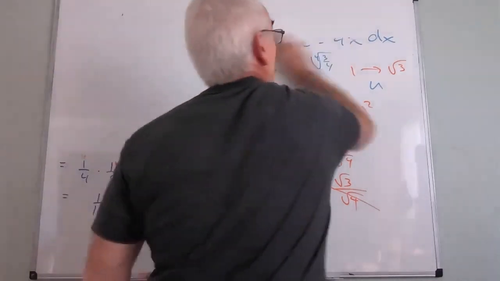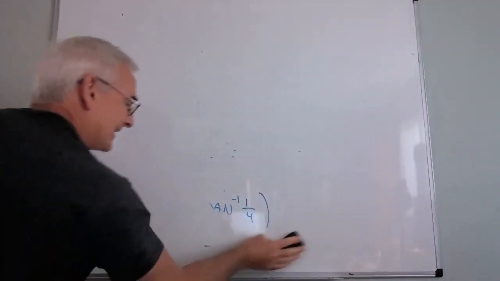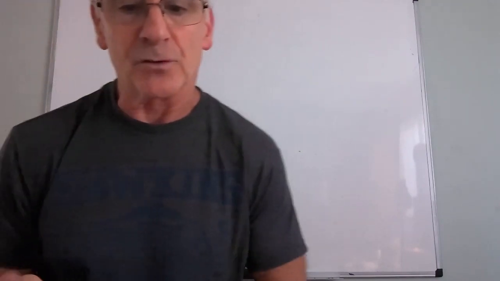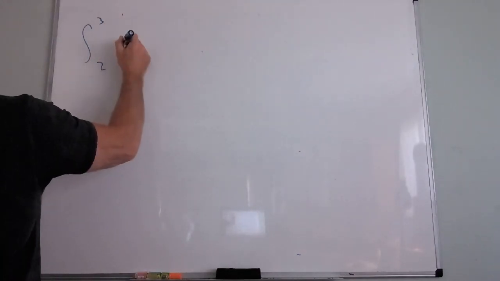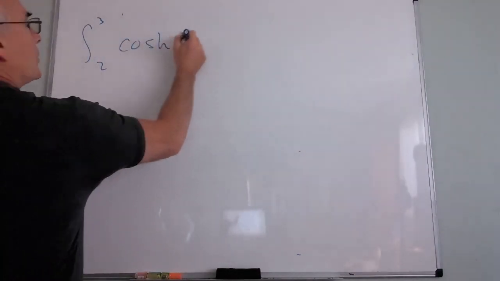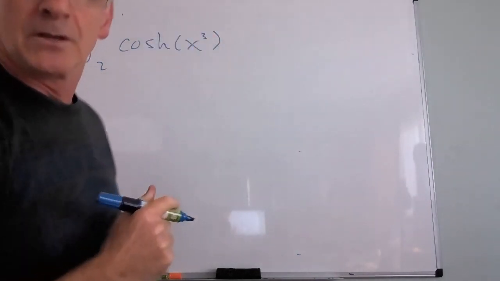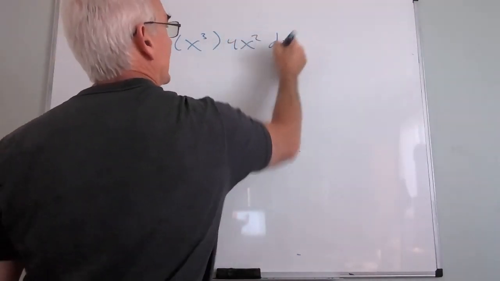Now, we're going to do one more example, and then we're going to go to an application that doesn't require any calculus, just a calculator. So the last one I want to do, and this is not complicated, but I wanted to get in some different functions. Integral from 2 to 3 of the hyperbolic cosine of x cubed times 4x squared dx.